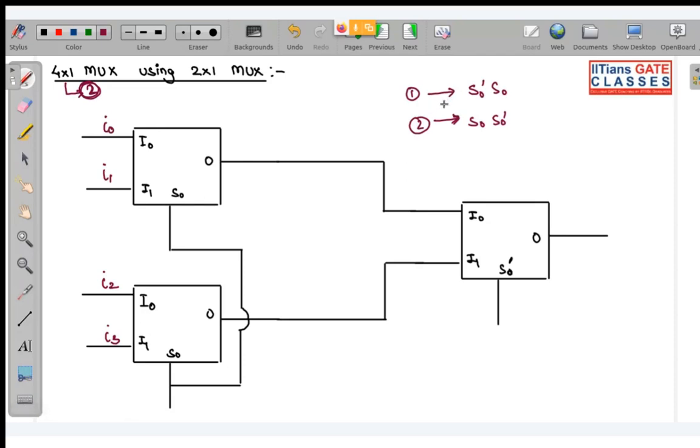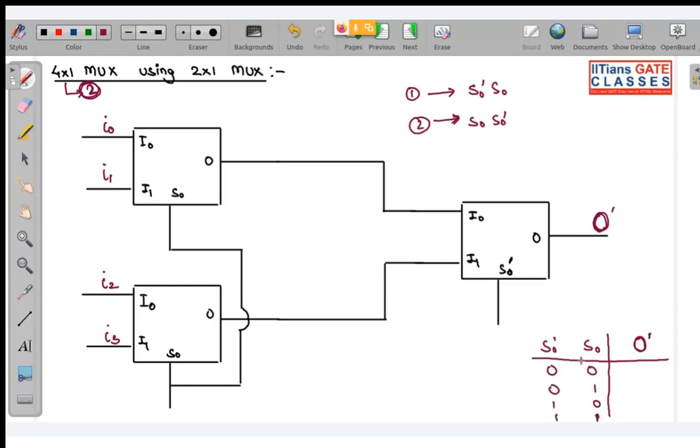Tell me. Look over here. If you take this one, this is your output, O dash. The combinations can be 0 0, 0 1, 1 0, 1 1.